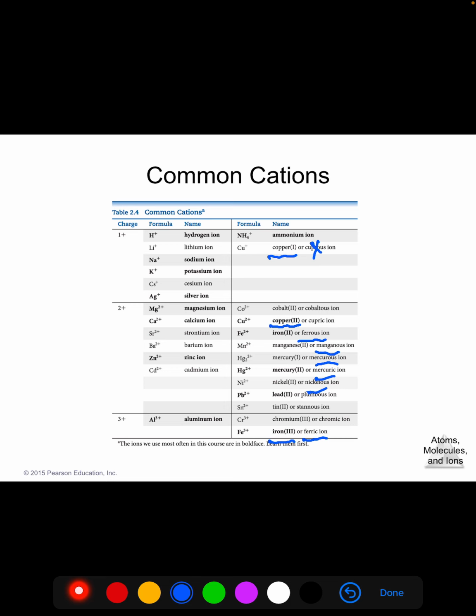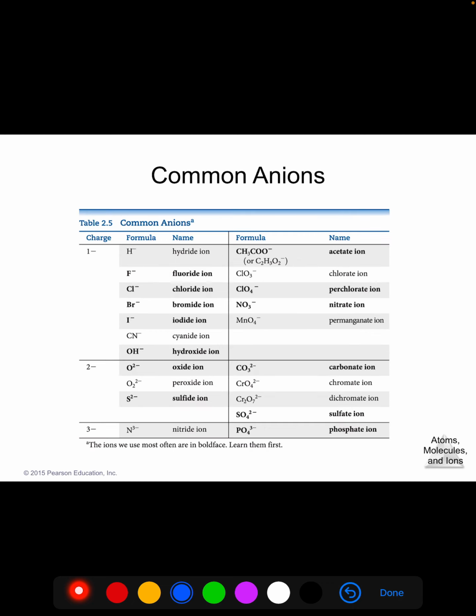Okay? We'll practice doing this, and you'll see. I will also say, when you take a test, you will have a copy of the periodic table, and we'll talk about that later when we're doing our assignments, and you'll have a list of common ions.